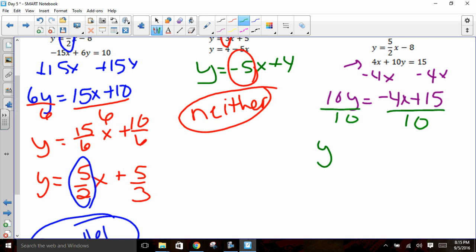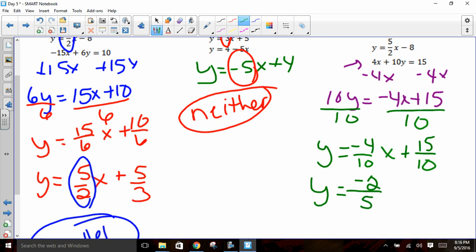I get my y by itself. That means we're going to split everything over 10. I can reduce 4 and 10 by 2, so I can divide out and get negative 2 over 5x. And then I can take 5 out of both the next ones, so I get 3 over 2.